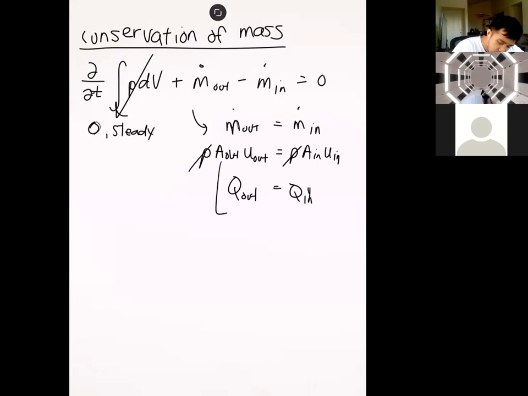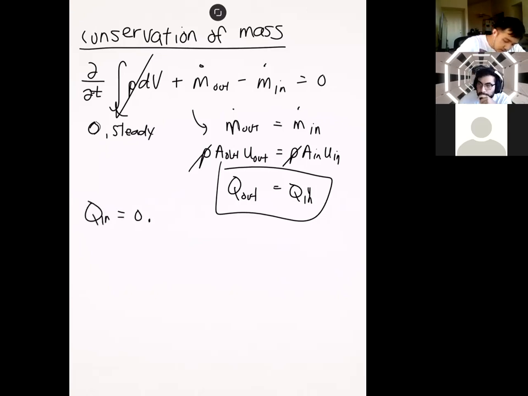Okay, and so the flow rate in and out of our system has to be the same because we have conservation of mass. Okay, and so let's actually use this to solve for the velocity. So since we know that Q in is equal to 0.02 meters cubed per second, this has to be equal to A in u in.